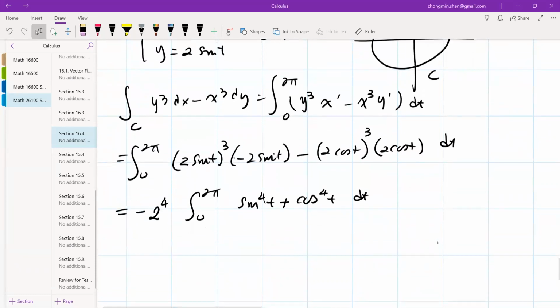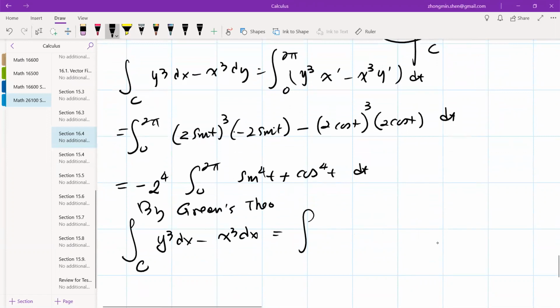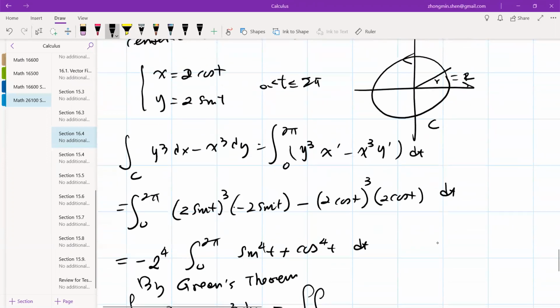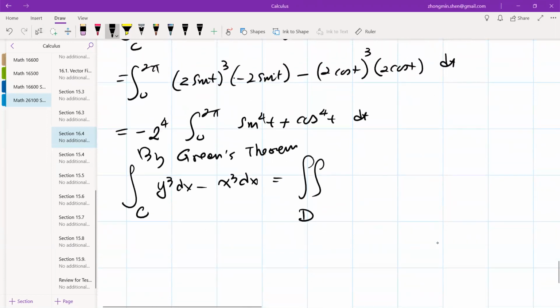Now, but if you use Green's theorem, you will get the double integral over D, where D is the region enclosed by the circle, of the partial derivative of Q minus the partial derivative of P with respect to y, dA.